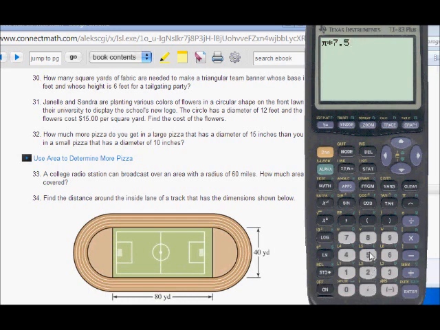And then we're going to need to square it. We don't need to put anything in parentheses because, and this is where we use the funny symbol here, raised to the second power, our order of operations is that it's going to do the squaring first and then multiply by pi. Now hit enter.